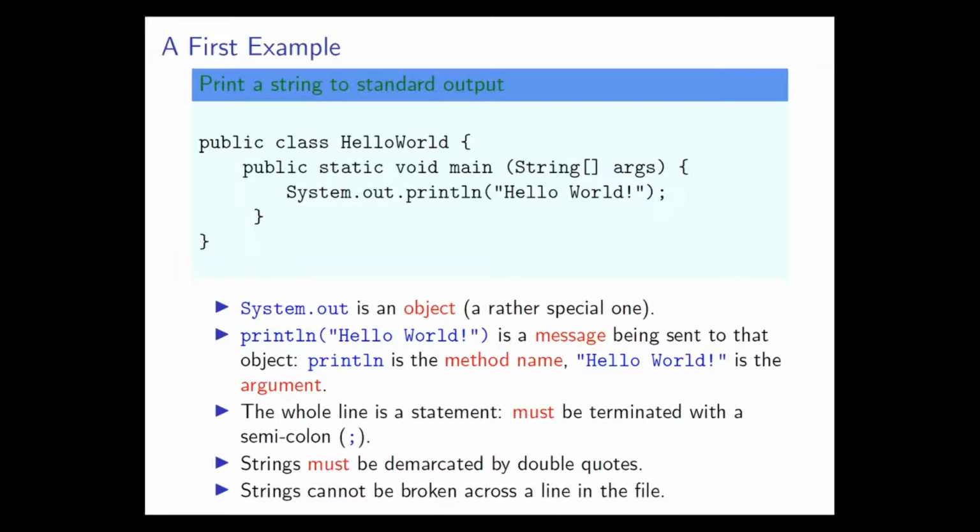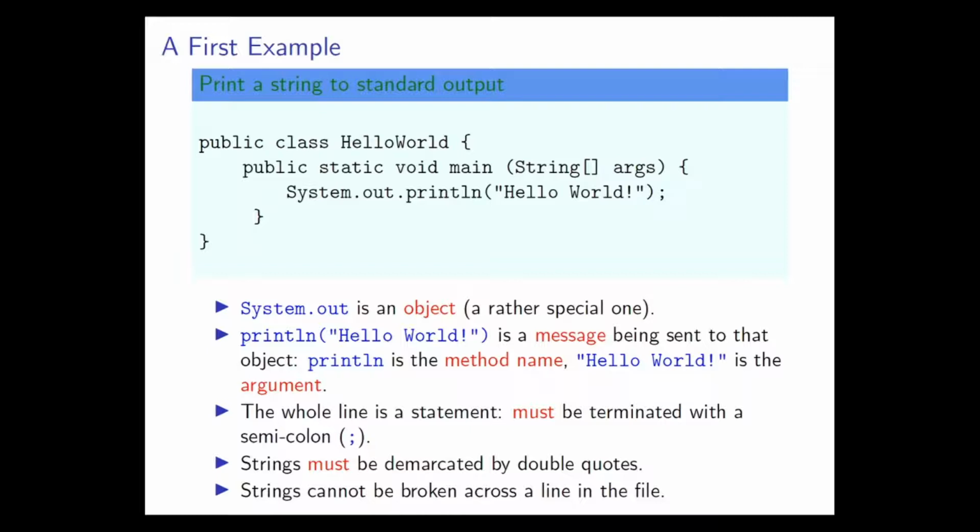Now the whole thing, the specification that we want to send a message to an object, is a statement, and statements in Java are terminated with semicolons, so that's why you have a semicolon at the end of the line there. What else is there to say? Yes, strings are demarcated by double quotes in Java. Not single quotes, not any other kind of quotes, but double quotes like that.